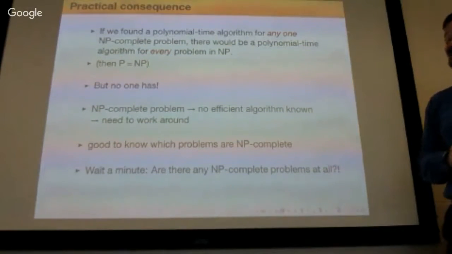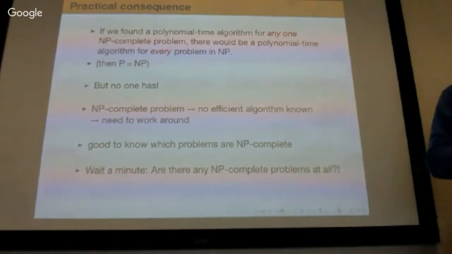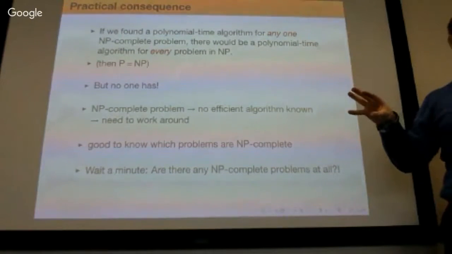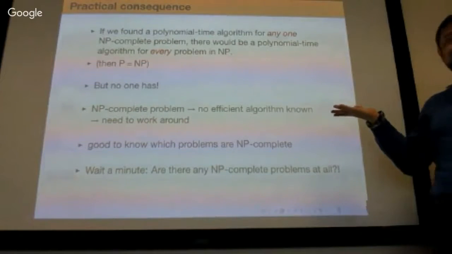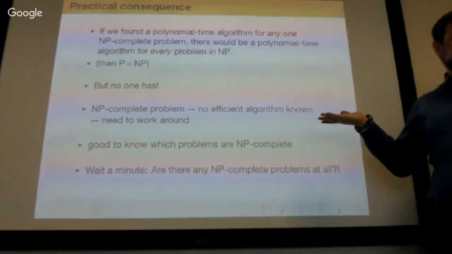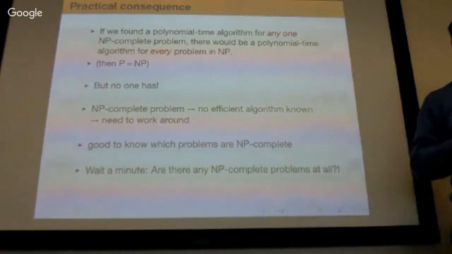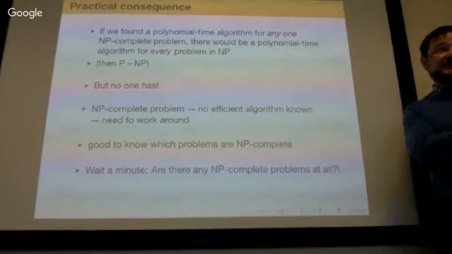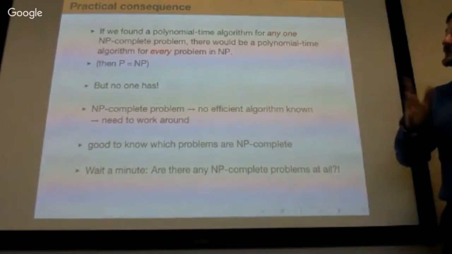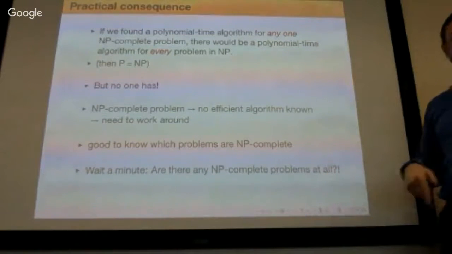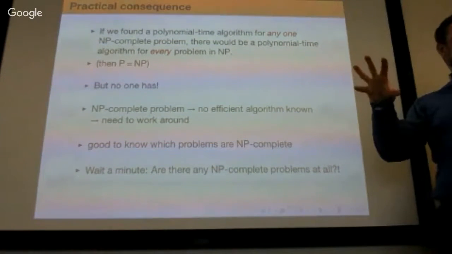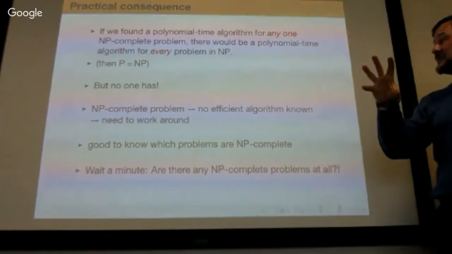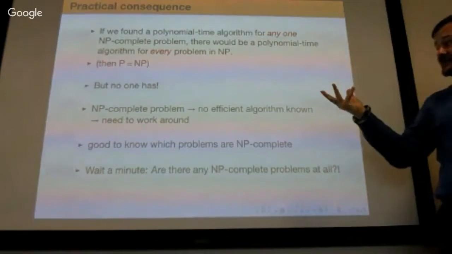And because no one knows polynomial time algorithms for the hard problems, what people do in practice when they encounter an NP-complete problem that they need to solve, like for example the knapsack problem in some application, is work around it.